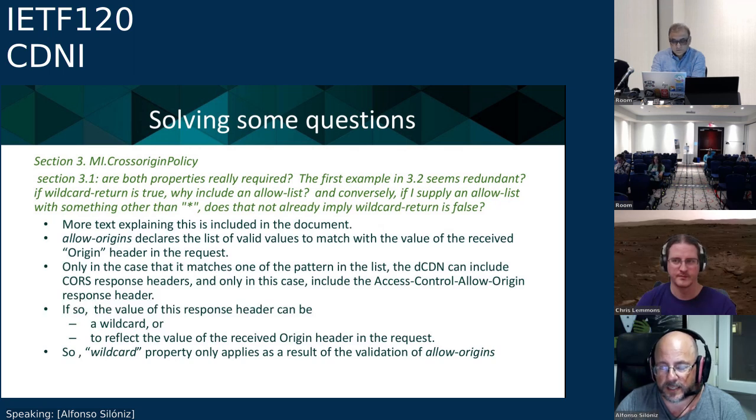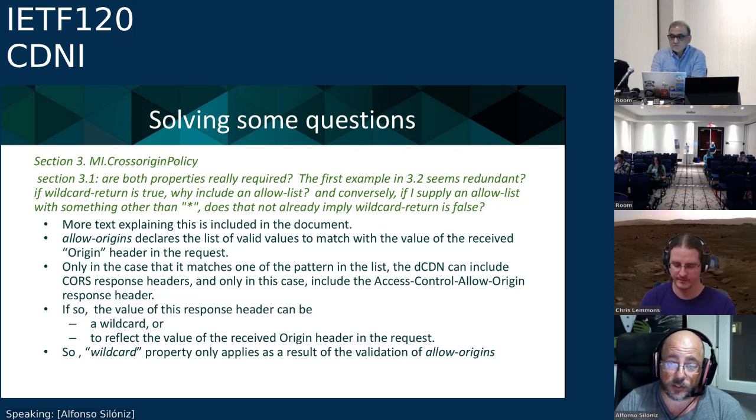If there is a match, the downstream CDN is going to return a response header based on the CORS protocol, and the value of this response header is conditioned on this property. So we need both properties. One is the match validation of the request header. The other is how the downstream CDN is going to generate the response header. I hope that is now more clear.